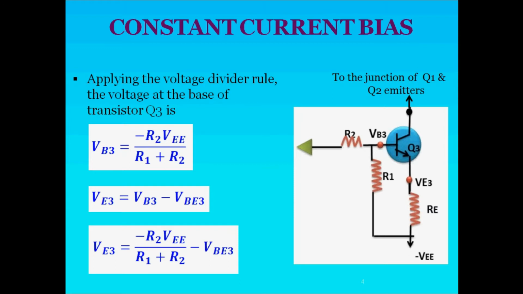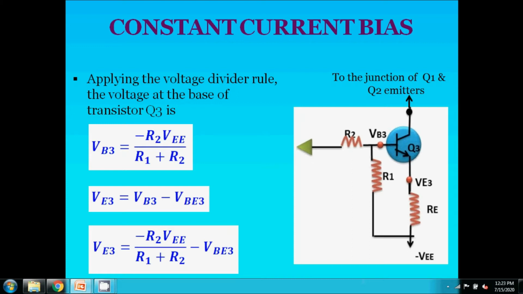So applying the voltage divider rule, the voltage across R2 is R2 divided by the total resistance, that is R1 plus R2, into the input to this circuit, which is minus VEE. So VB3 is equal to minus R2 into VEE divided by R1 plus R2.